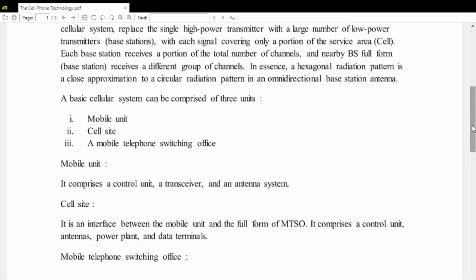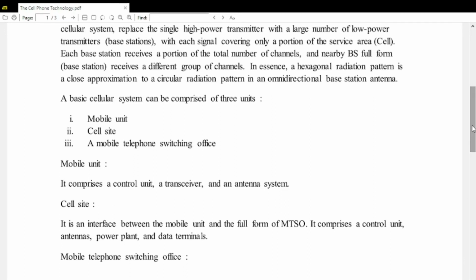Now, the mobile unit comprises a control unit, a transmitter, and an antenna. On the other hand, we had the cell site. The cell site was an interface between the MTSO and the mobile unit. It comprises the control unit, antenna, the power plant, and data terminal.